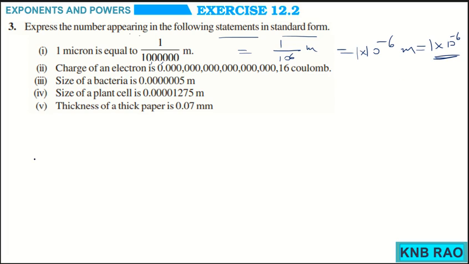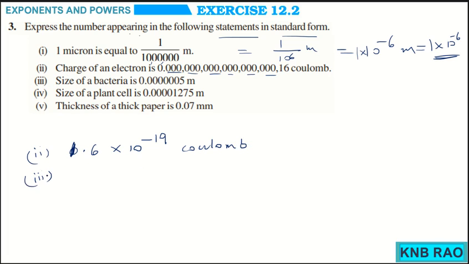Then coming to the second one, charge of an electron is 0 point. After 0 we have got 1, 2, 3, 4, 5, 6, 18 zeros and 1 6. So if you are writing in standard form, 1.6 into 10 power, 18 zeros are there, that means minus 19 coulomb will be the standard form of that second one.